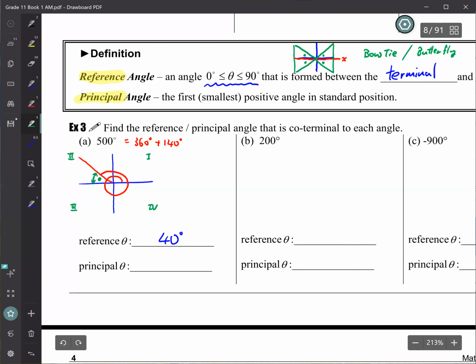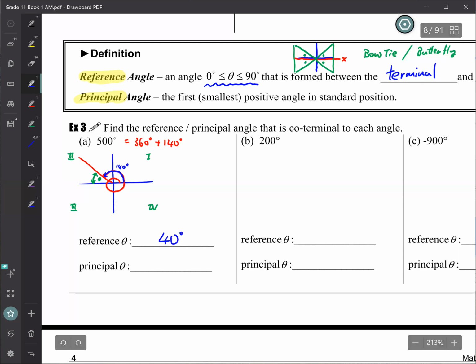Okay. So if I want to figure that out, I need to see how much I've turned already, right? So let me erase the red circle first. So I need to go 360, right? You understand? You caught up so far? 360 there? Yeah. Okay. How much more do I need to turn so I can reach the terminal arm? 140. Yes, okay. So the blue line, I'm going to use the blue part. The extra part, this is 140.